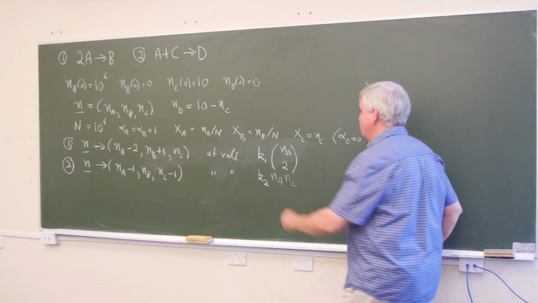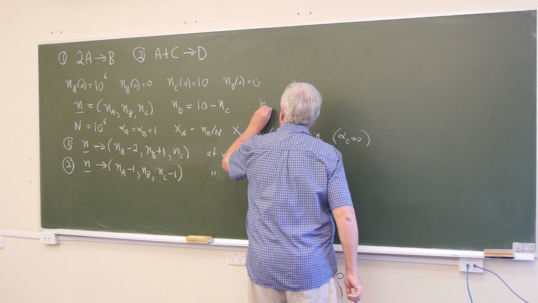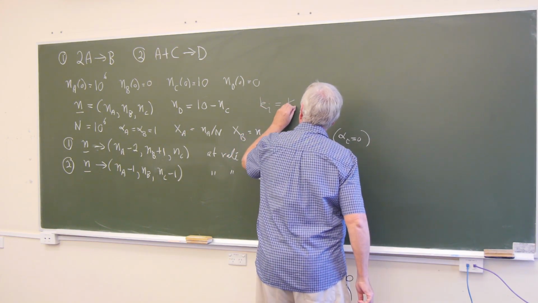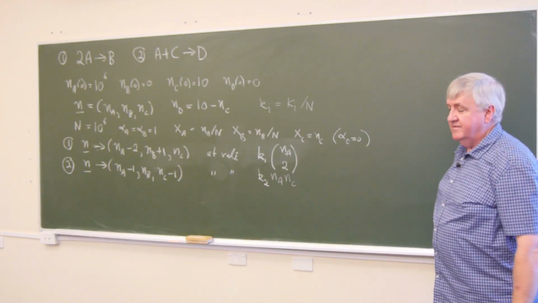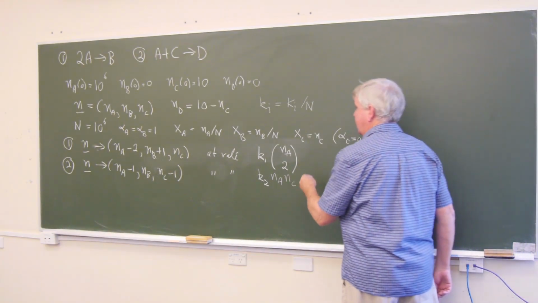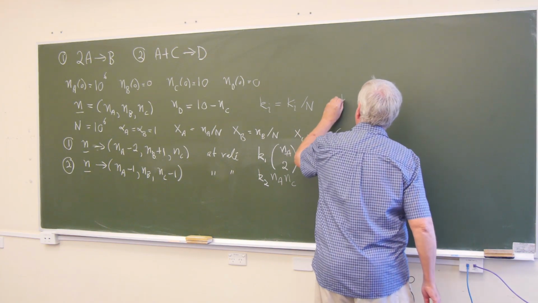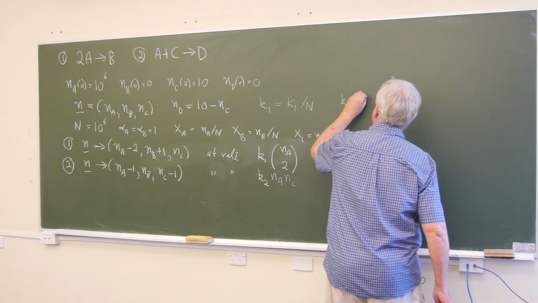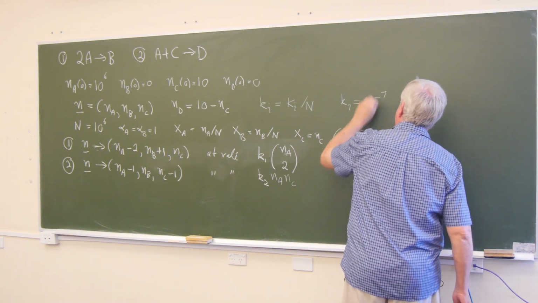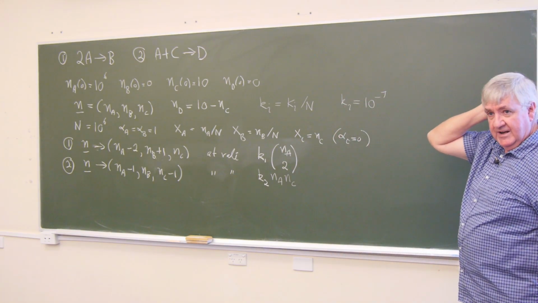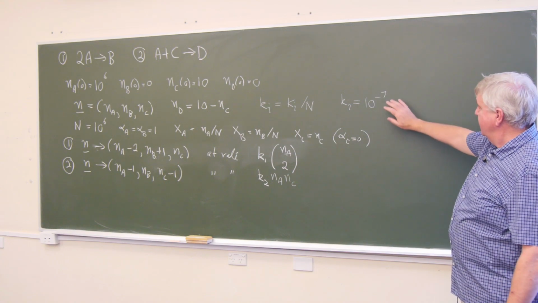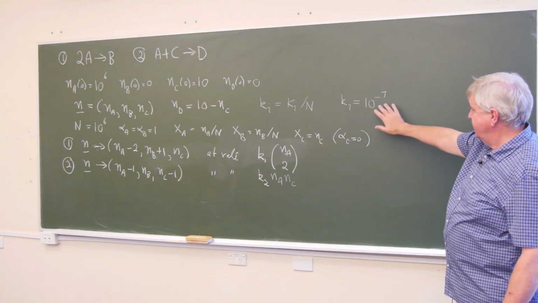All right. So the Ki's I'm going to assume can be written as kappa i over n, and the little kappas are both 10 to the minus 7. They're going to be much smaller in reality, but for this example, we've got 10 to the minus 7.